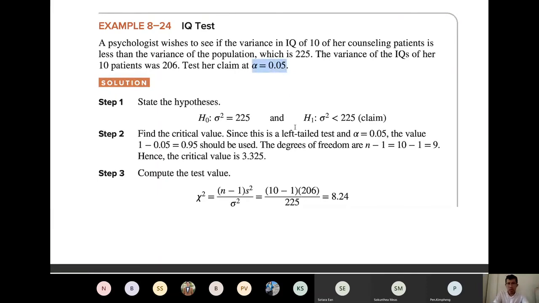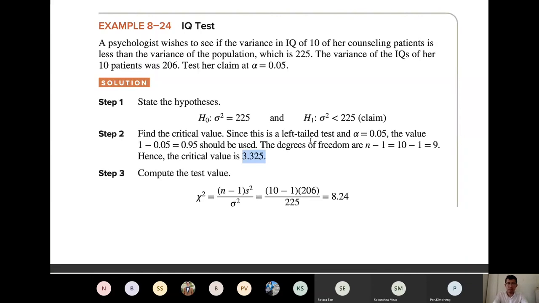So when alpha is 0.05, 1 minus alpha is 0.95. And the degree of freedom in this case equals the sample size minus 1. The sample size in our case is 10 because we select 10 patients, right? So the degree of freedom is 9. And the critical value is this.